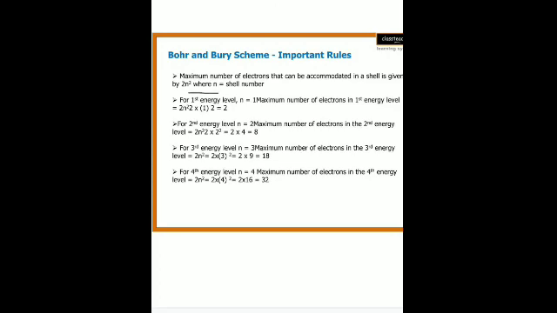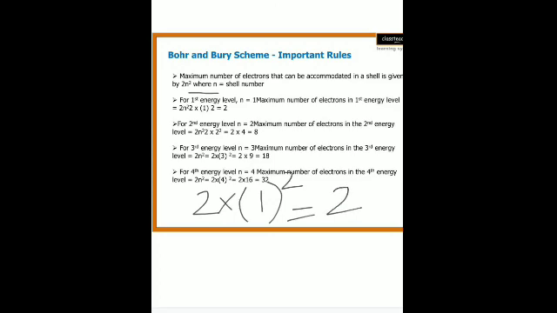For the first energy level, the first orbit around the nucleus of an atom, the maximum number of electrons will be how many? 2, and n you put as 1, the number of the shell, the first shell, and 1 square is equal to 1. So 2 into 1 will be 2 only.